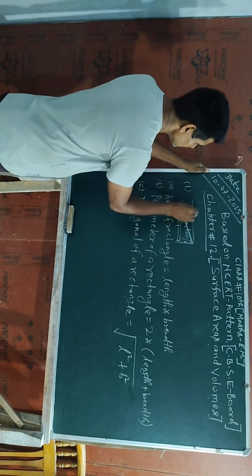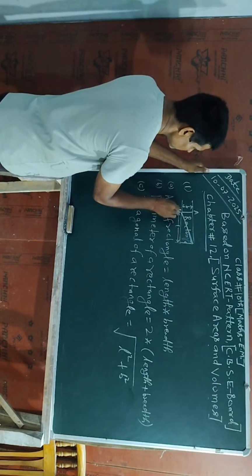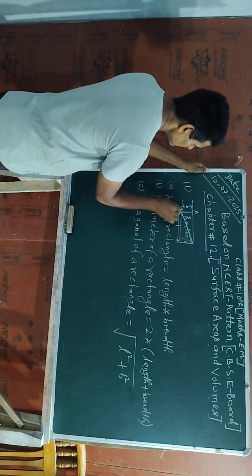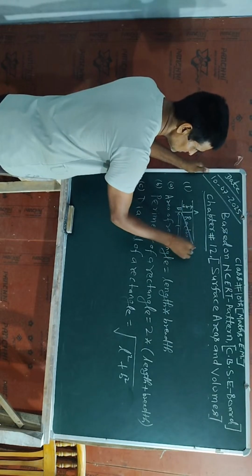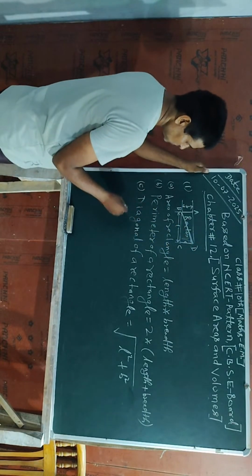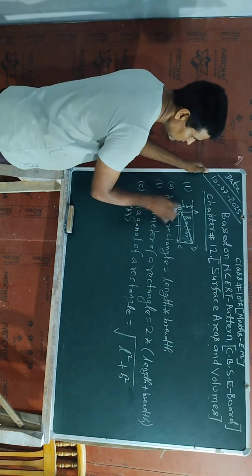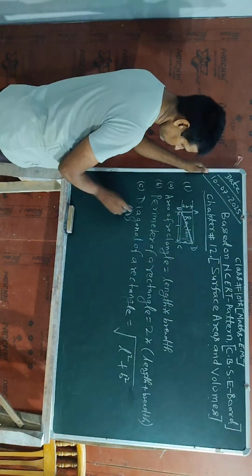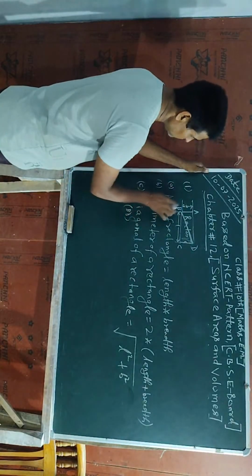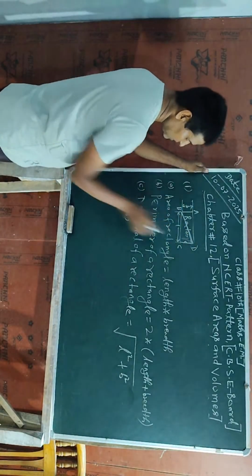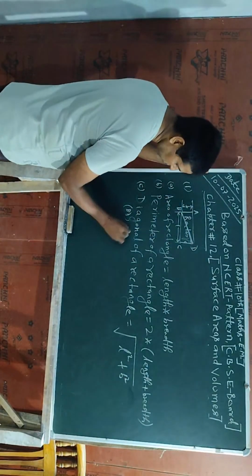So I will say this is the diagonal. This is A, this vertex is B, this vertex will be C, and this vertex will be D. So AC is the diagonal, BD is diagonal. Both diagonals will be equal to each other.